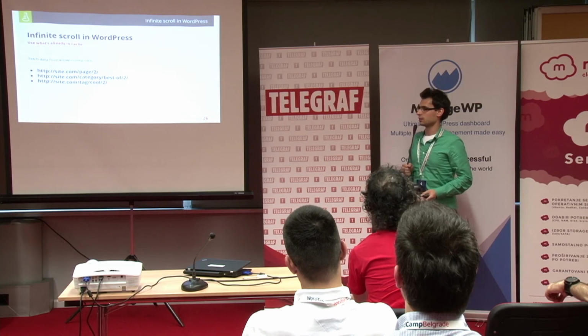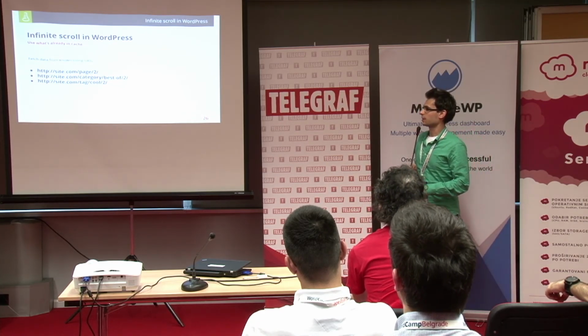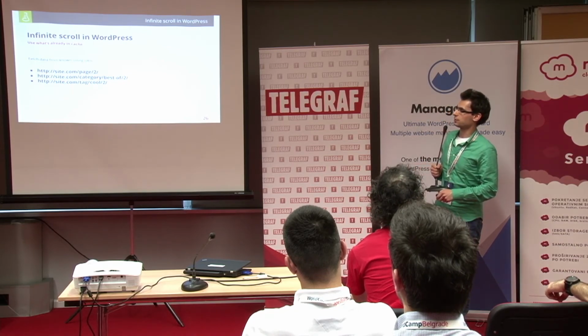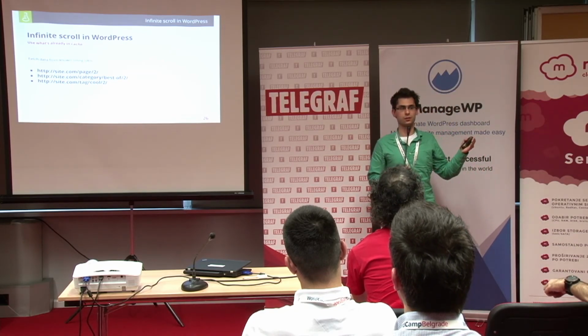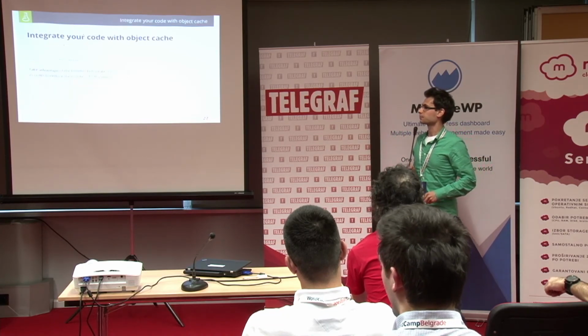So the recommendation here would be to just stick to, for example, if we want to implement infinite scroll on an archive page, just use the URL that would regularly be used for an archive page.